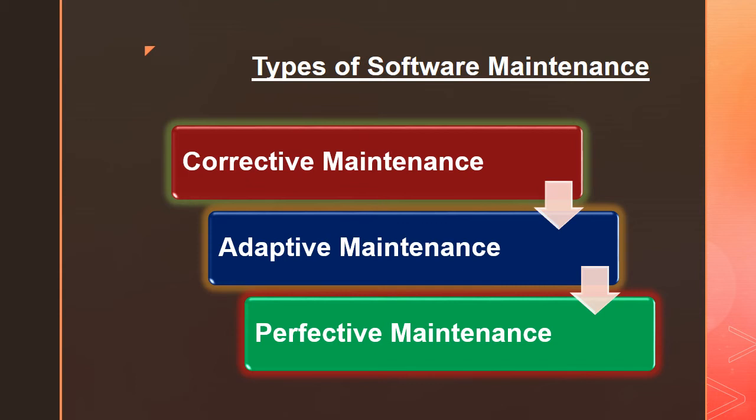So in this adaptive maintenance, all the issues related to the adjustment of the software in order to accommodate the changes in the outside environment, or to be compatible with the customer's environment, are solved.